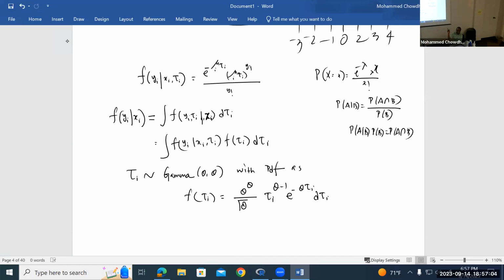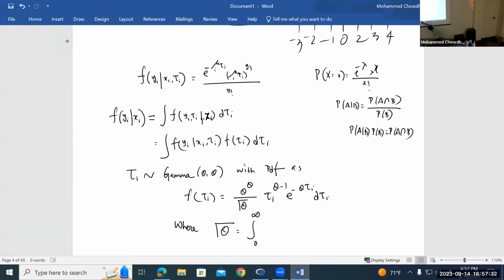Have you heard the name gamma distribution? Okay, so that means you are not fallen from the sky, you know some of this. Where gamma of theta is the integral from 0 to infinity.